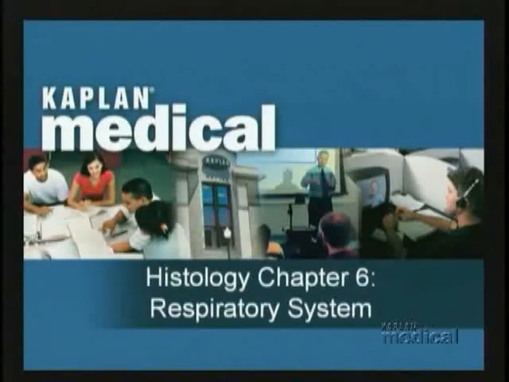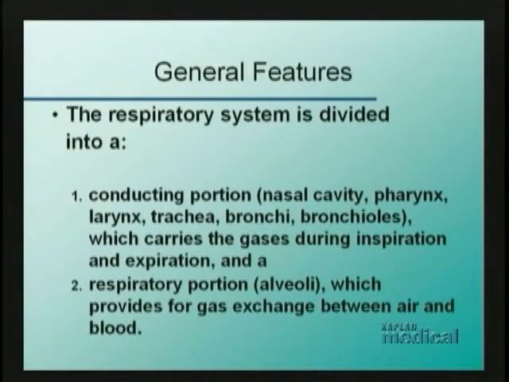Let's now turn our attention to Chapter 6, which deals with the histology and elements of the respiratory system. On the first slide, we can summarize the bulk of the respiratory system by identifying the fact that it contains a large conducting portion whose job it is to transmit inspired air down to the lungs, and along the way, its job is to warm and moisten and filter the inspired air, particularly during inspiration.